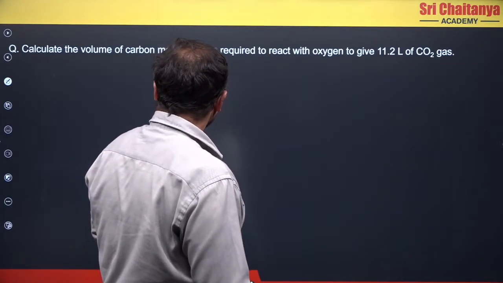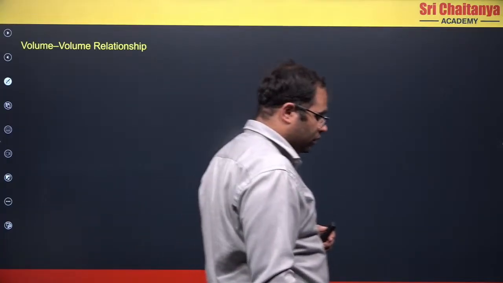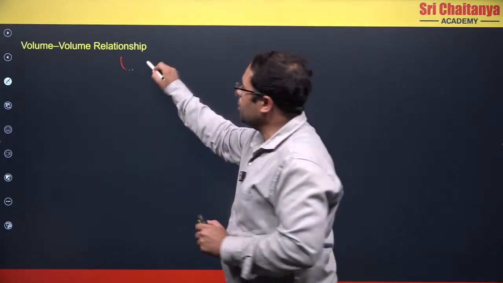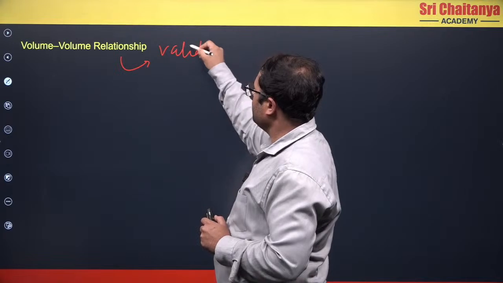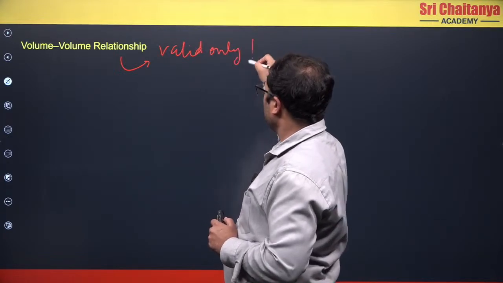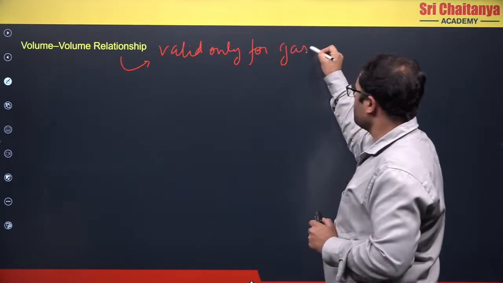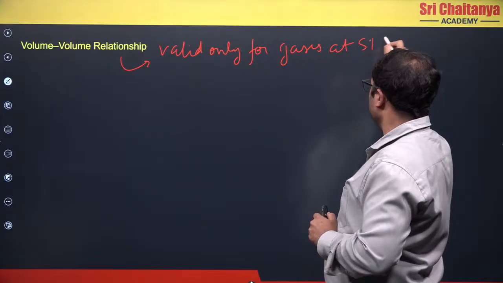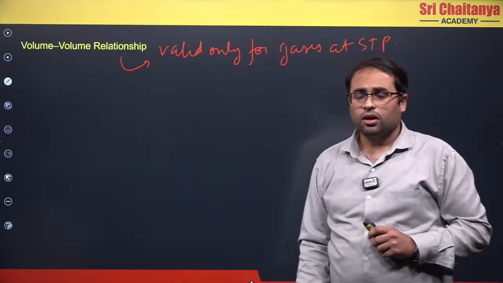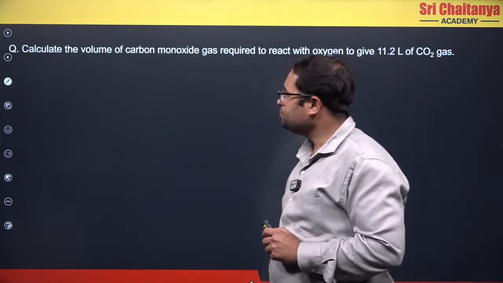Now, the last type of relationship is the volume-volume relationship. This relationship is valid only for gases at STP, right? So let us see how that works through this question.